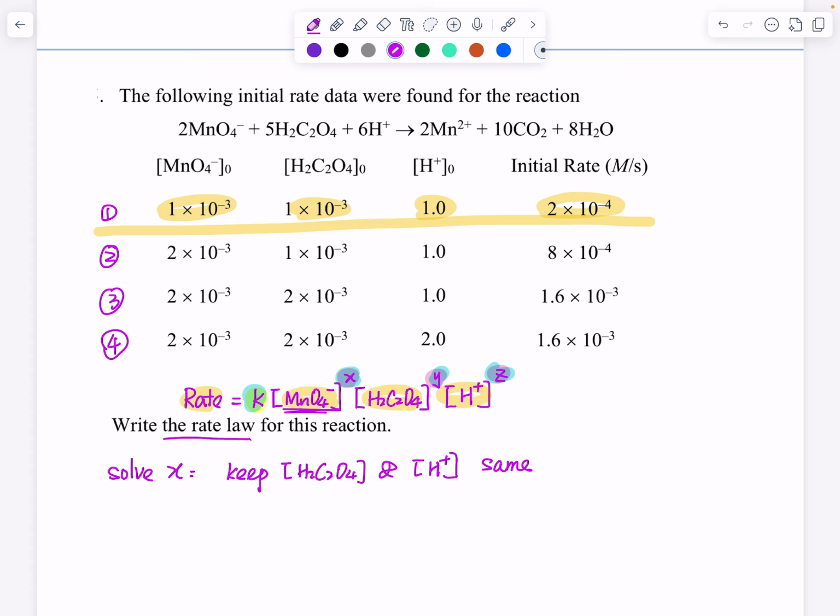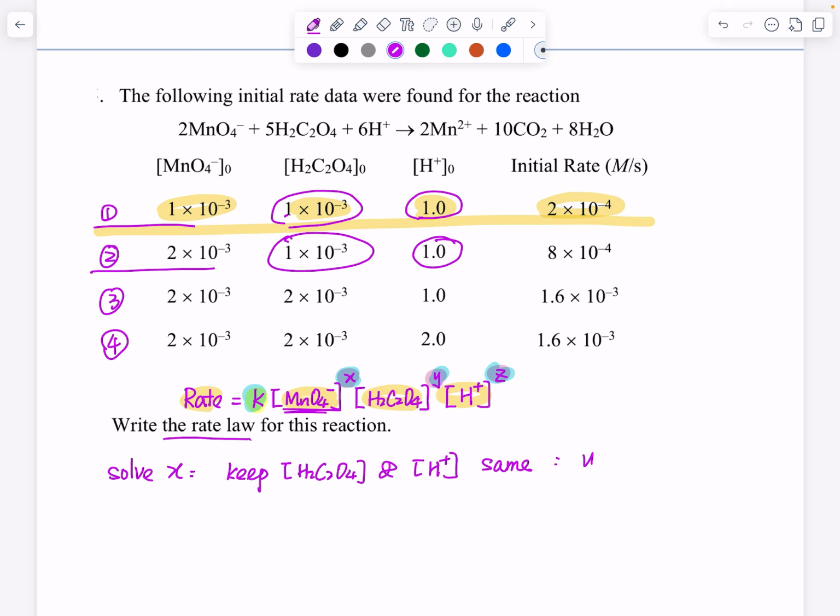Then, when I use mathematical tools to solve the problem, it's going to be easy. So which two trials have the same concentrations for the other two? That's very obvious right over here. The first two trials will serve the purpose because these two concentrations are the same.